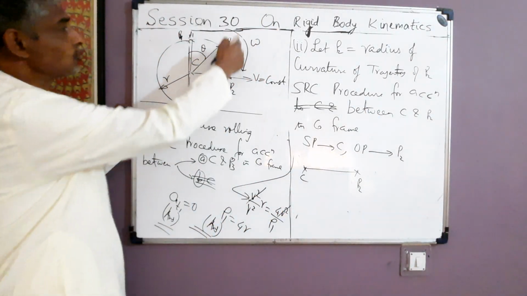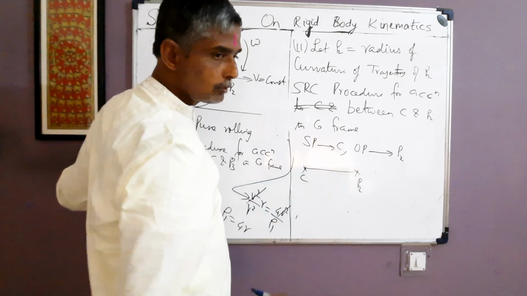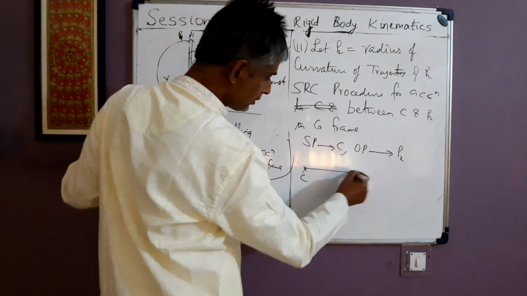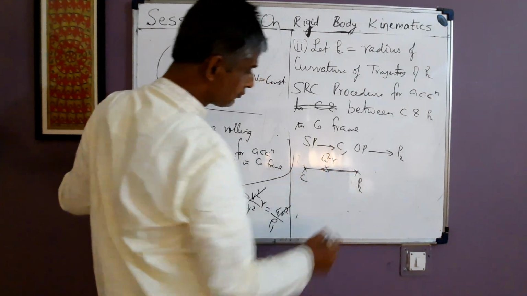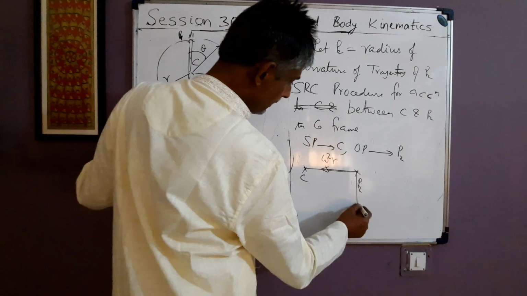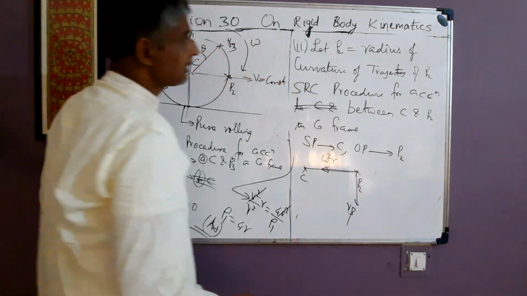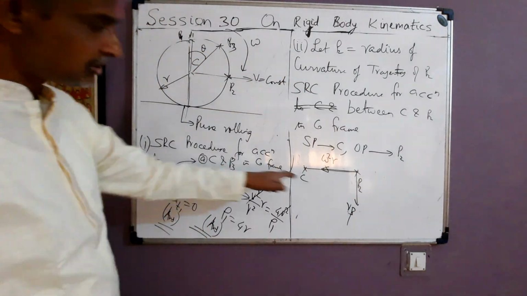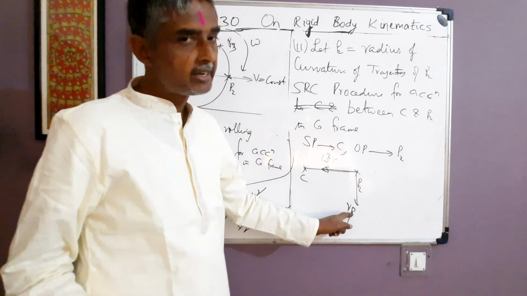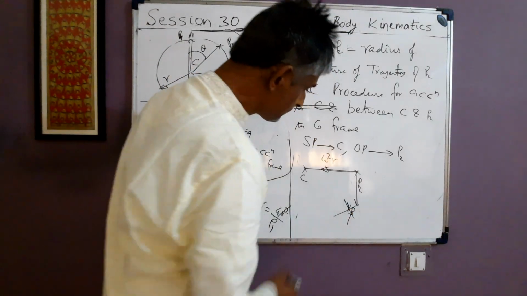Then I write down the sentence. Omega is clockwise. P2 moves in a clockwise circle with center C radius R. So one acceleration I give is omega square R to P2 towards center C, and R beta along tangent. But omega is constant as we have determined just now. So beta is d omega by dt, which is 0. This term becomes 0.